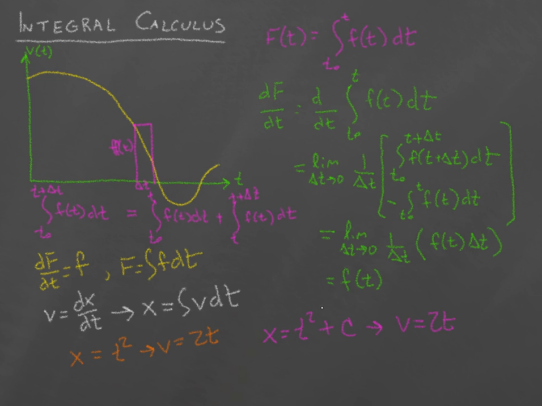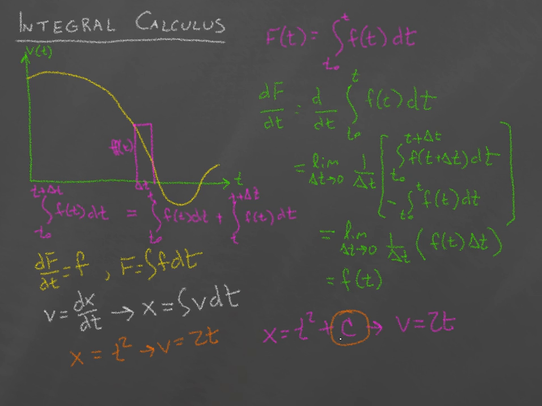So in other words, if we simply took the integral of v, we're leaving out the possibility that there was some constant that was not a function of t that vanished when we took a derivative. So that tells us that any time we calculate an integral, unless we actually have the boundary conditions, we always need to add some constant on the end, because there could be some constant.